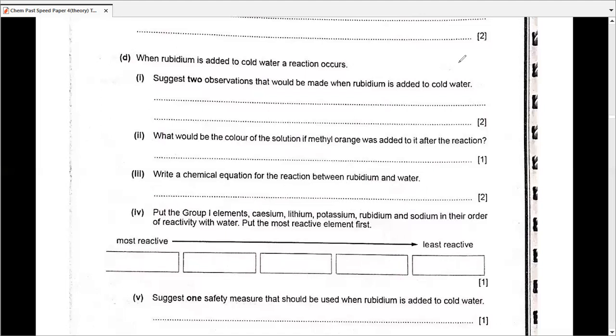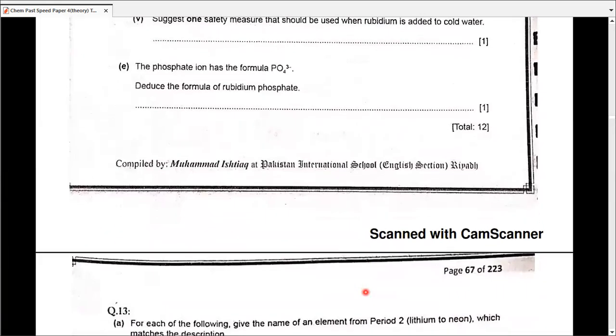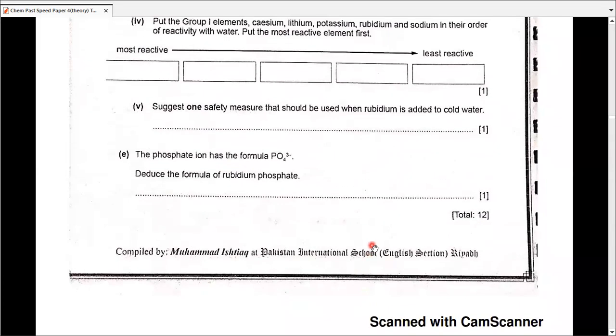So let's clear it up. Rubidium phosphate formula. This is good, 3.5. Something that you have been doing flawlessly.